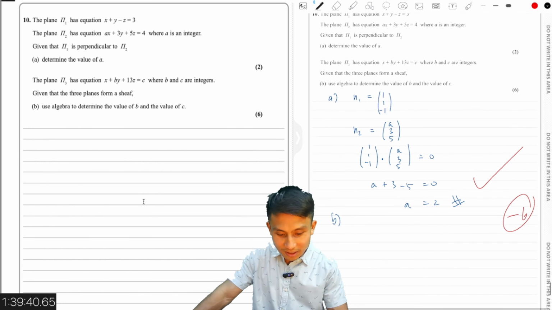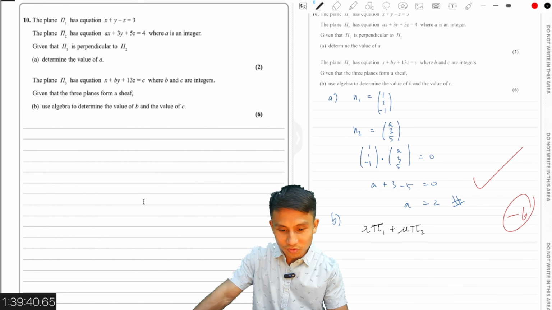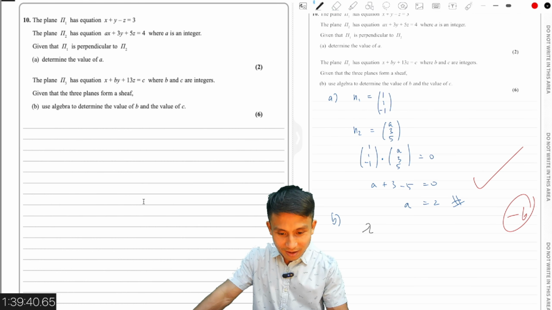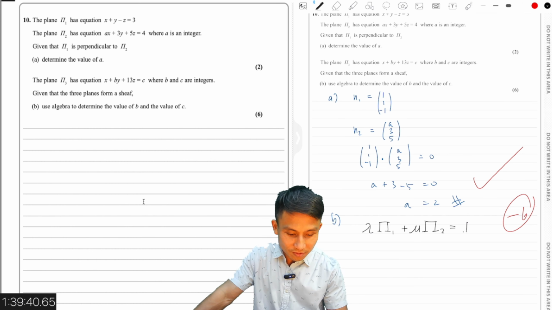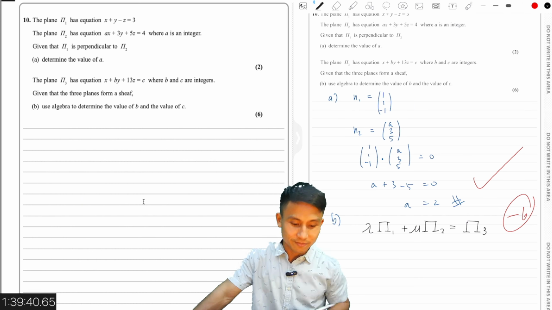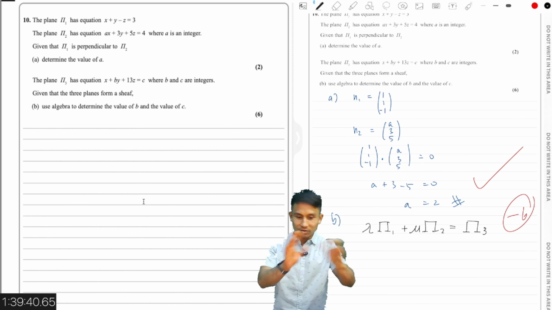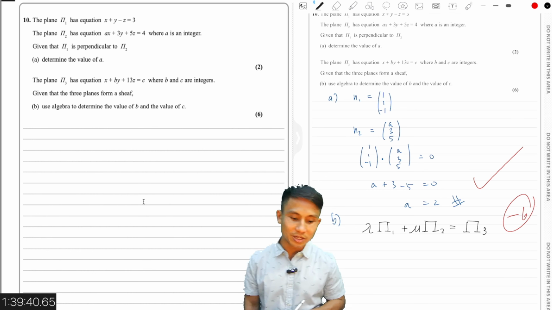And by that I mean, you must have like lambda times plane equation 1 plus maybe mu times plane equation 2 equals plane equation 3. Or you can swap around, but that's the linear combination.